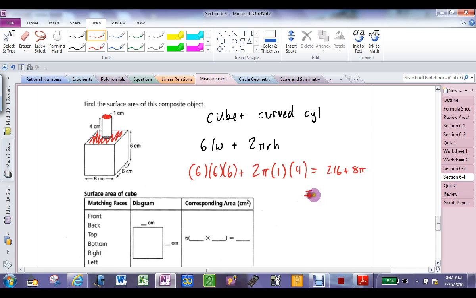Then, of course, on my calculator, I estimate first, what is 8 pi approximately? 24. So this answer has to be approximately 240, yeah? Then I go to my calculator and I do the math, 216 plus 8 pi, and I find out what the answer is. The answer, of course, is 241.13.